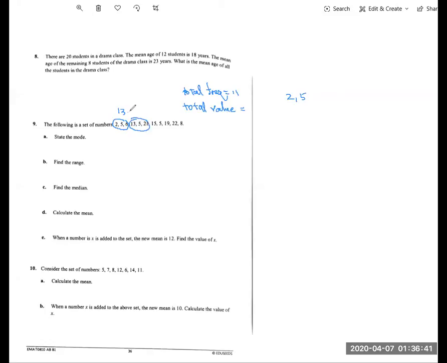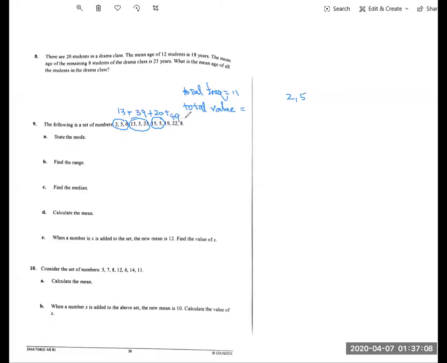This is plus 39, plus this 2. 15 and 5 give you 20, plus these 3 added together, 22 plus 8 is 30. 30 plus 19 is 49.